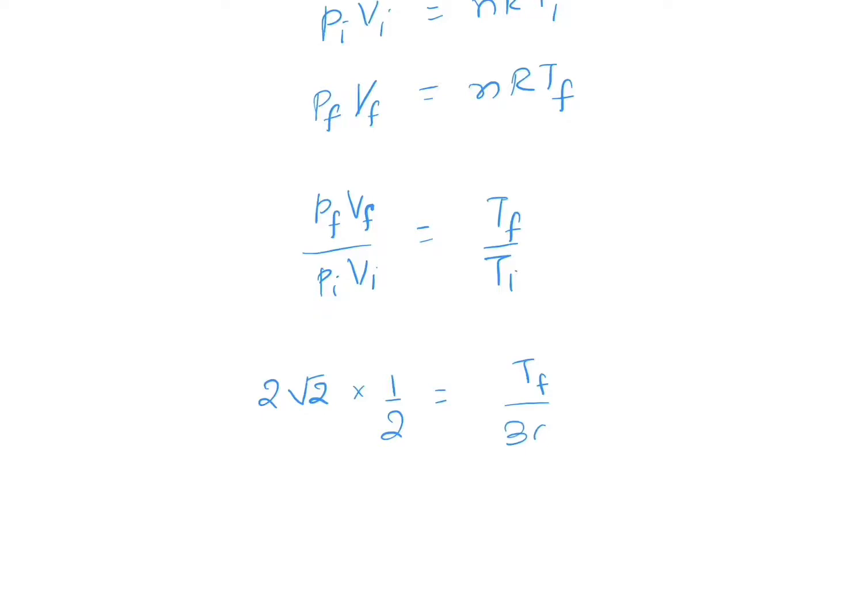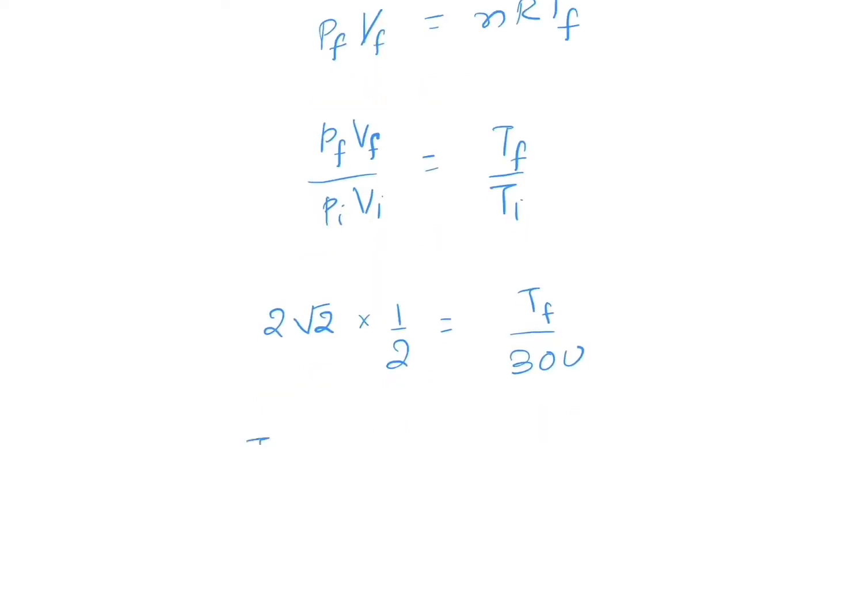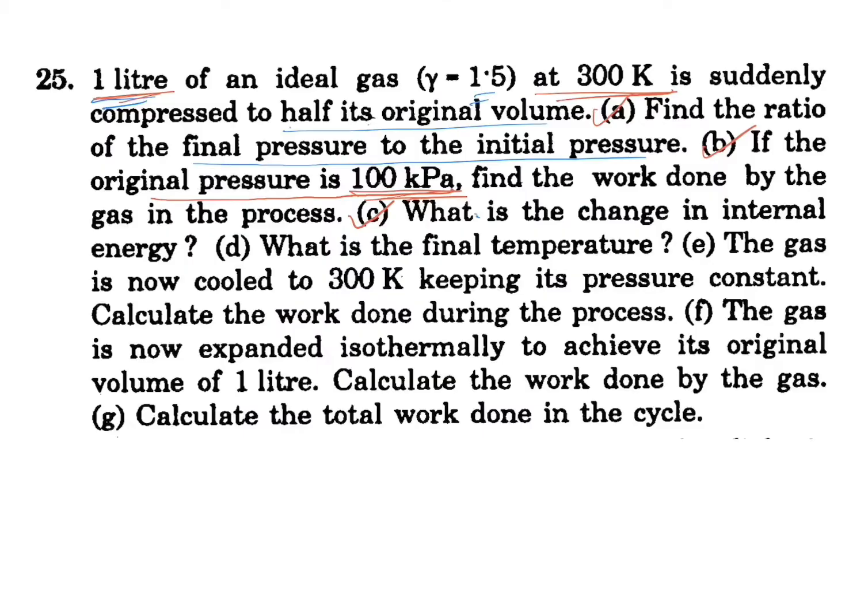Initial temperature is 300 Kelvin. So we will get final temperature to be equal to 300 into root 2. So root 2 is 1.41, so you will get 423 Kelvin. Okay, so part D is finished.